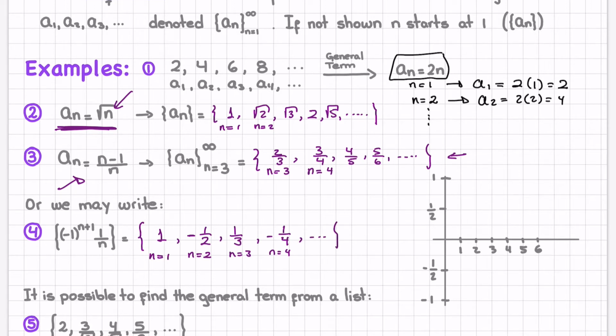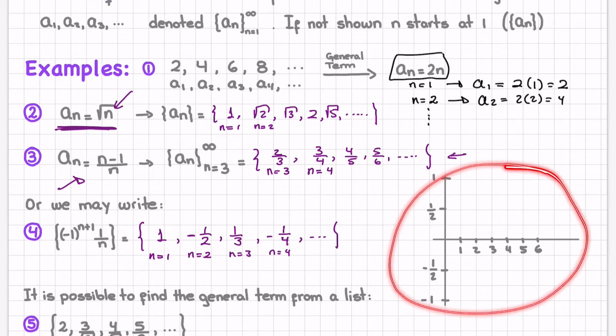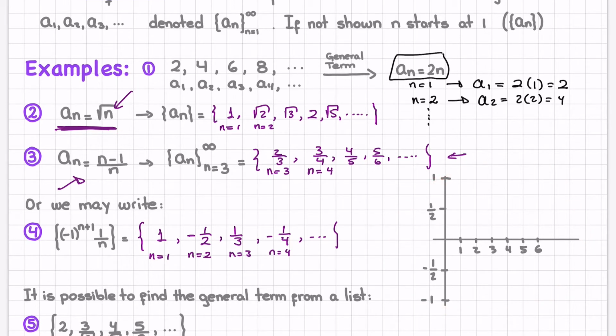When you graph a sequence, what you're going to get is points. You look at a sequence as a function whose domain is just the counting numbers. So for n equals 1, you're going to get a dot at 1. That's going to be the first guy in the sequence.